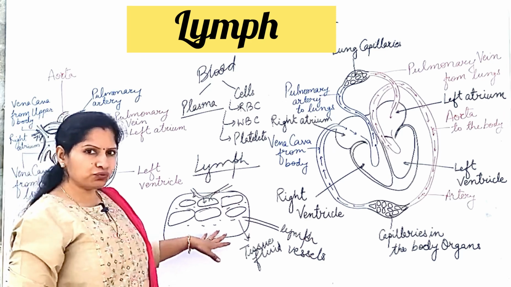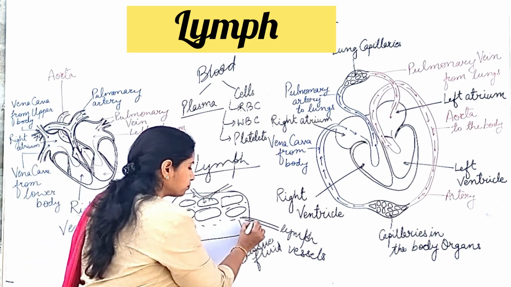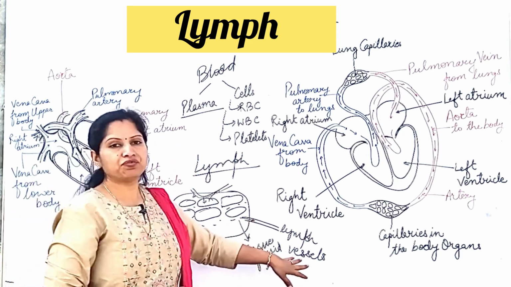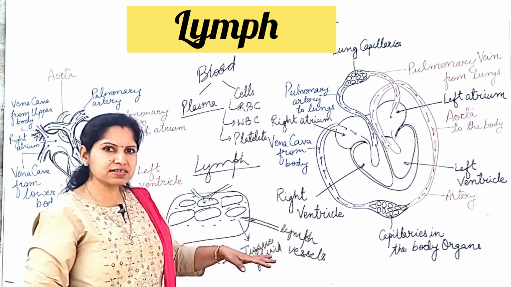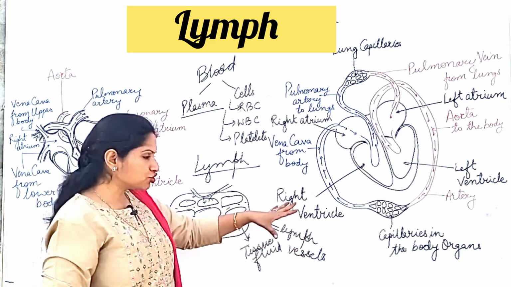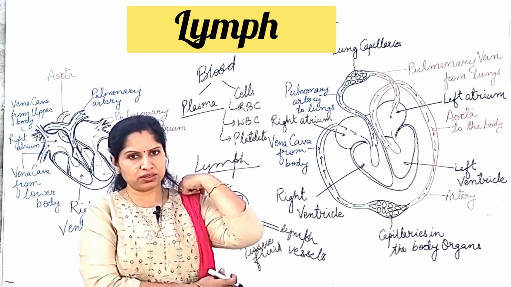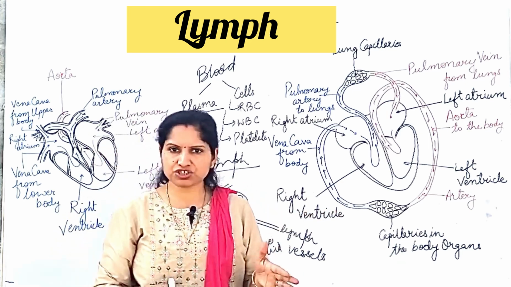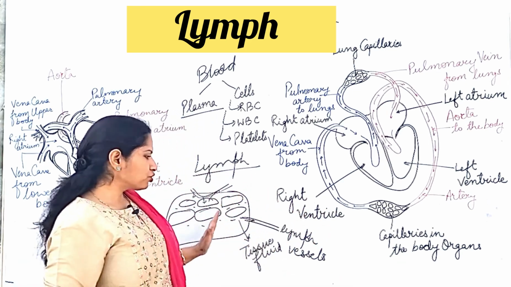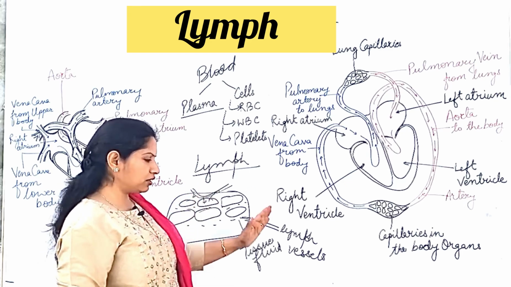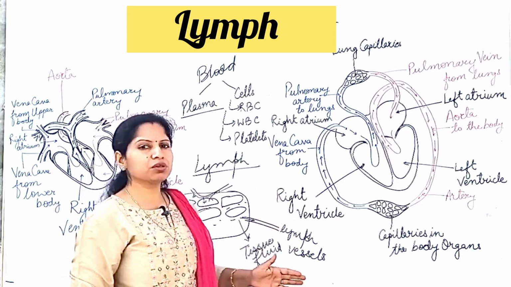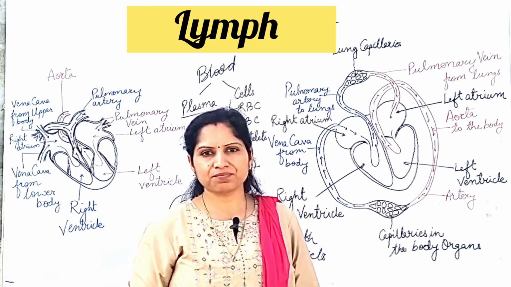This tissue fluid will go from this space to the lymph vessels. And these lymph vessels will send this tissue fluid into the veins. So it will enter the main circulation through that. Okay, so the tissue fluid goes to lymph vessels, and from lymph vessels it goes back into the veins.